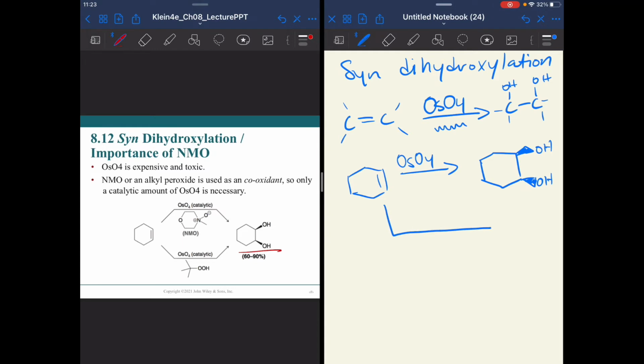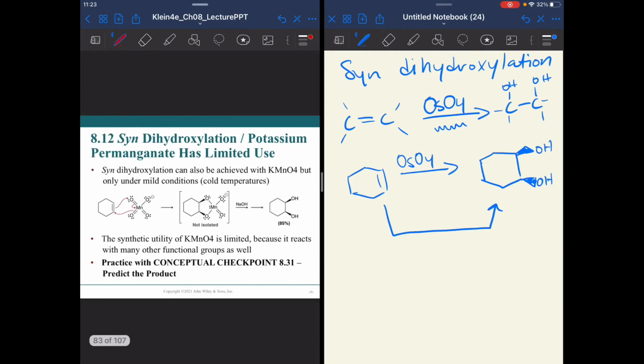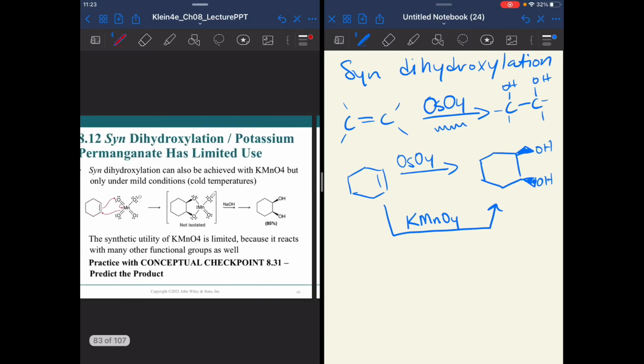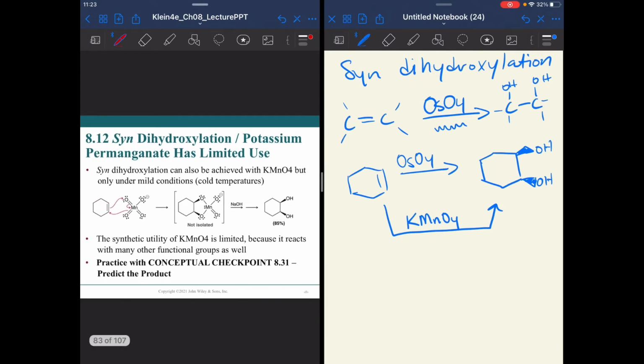Another set of reagents that can do the same thing is potassium permanganate. So you would use KMnO4 followed by sodium hydroxide. It may be numbered, it may not, but it would be like an NaOH. And it is important that this is all cold.